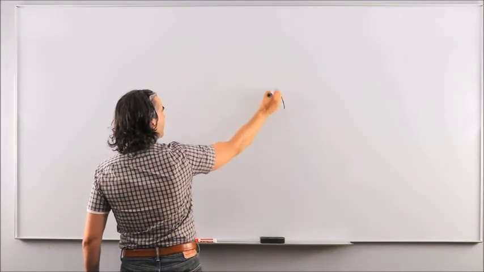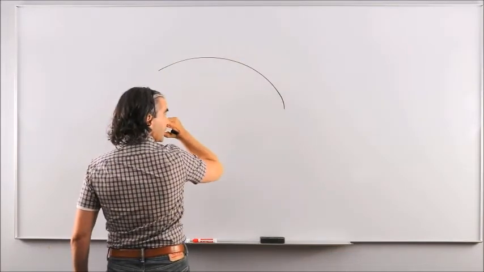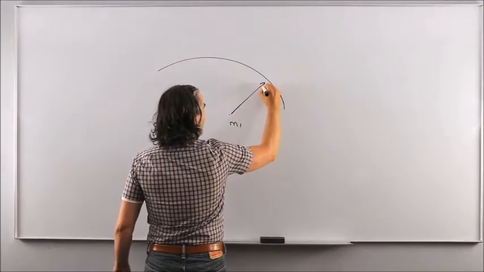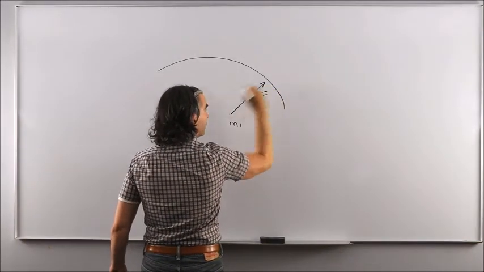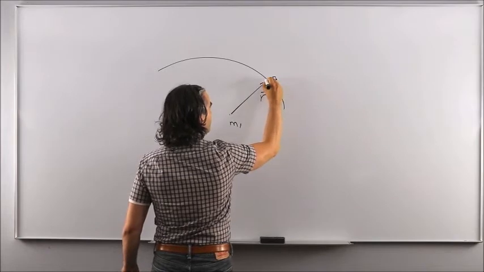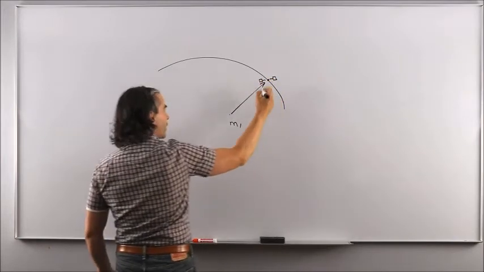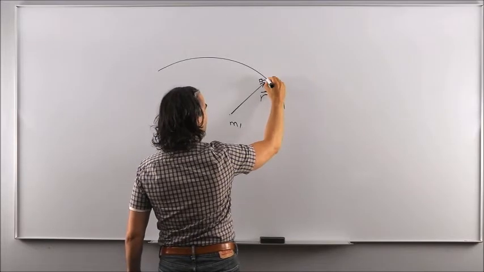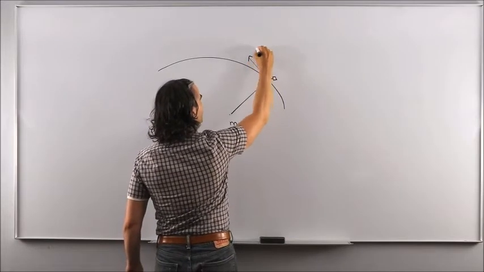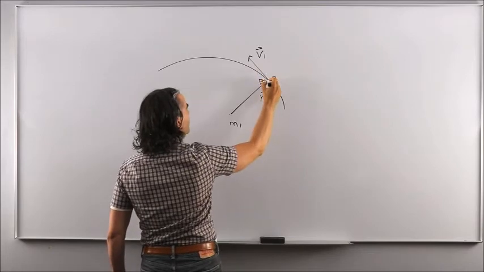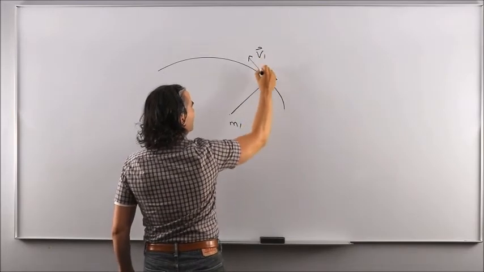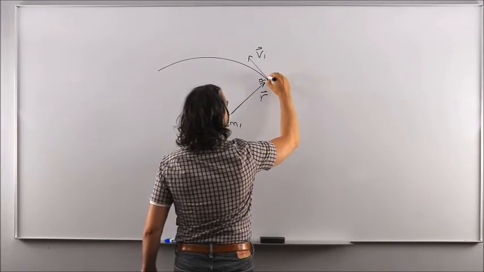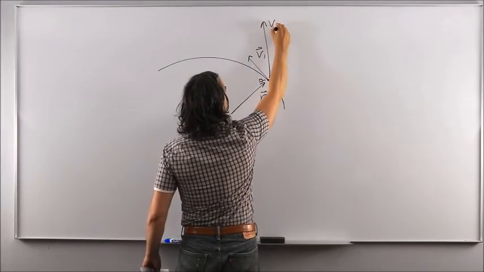If the spacecraft is coasting along its orbit and at some position decides to do an orbital maneuver or thruster firing, then instantaneously the spacecraft would go from its current velocity to, say, its new velocity, v2.